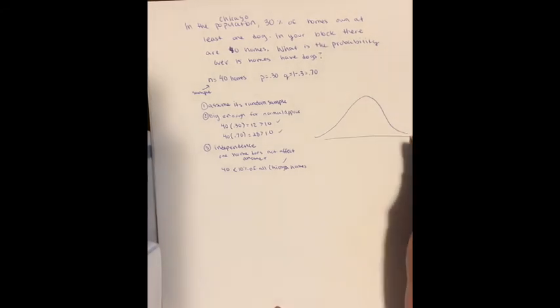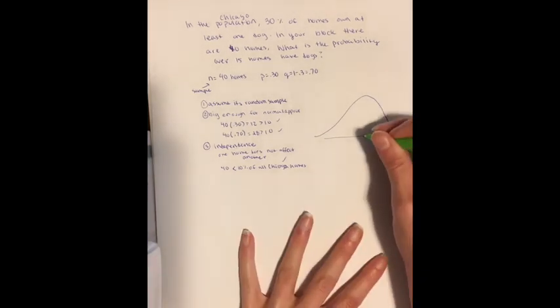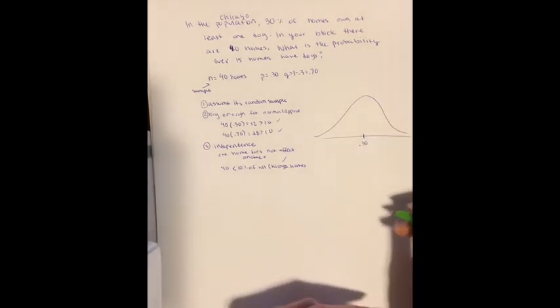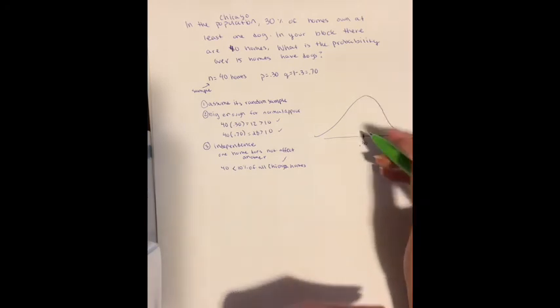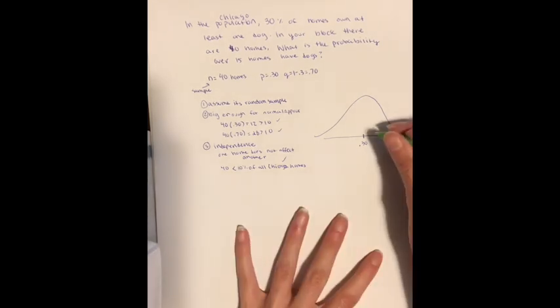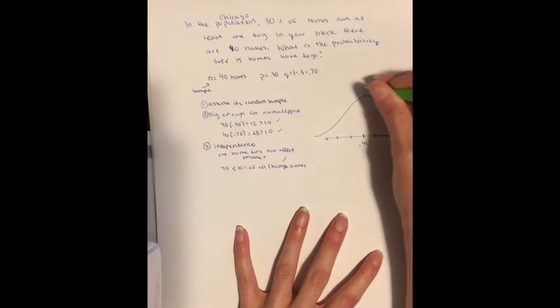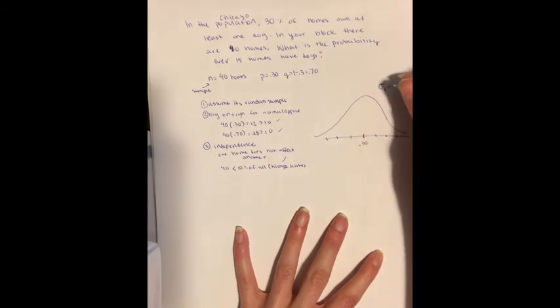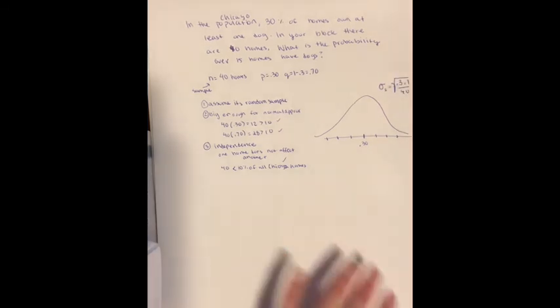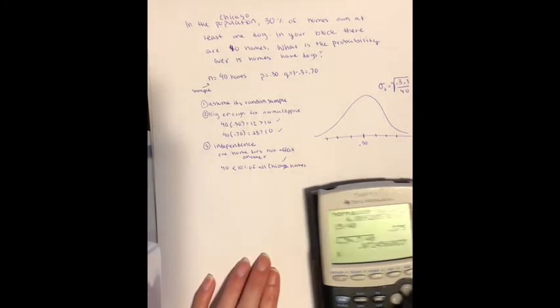In the middle of our normal curve, we would assume that the percent of homes in my block is the same as Chicago, which is 30%, because most samples will show 30% of homes have a dog, but there is going to be some variation because not all samples are the same. And we check that variation by doing the square root of p times q over n. That gives 0.072.